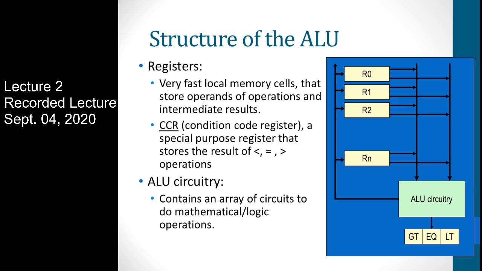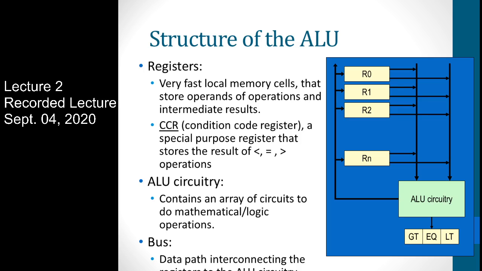So, sa register, doon nag-i-store yung mga operands, kung ano yung ipe-perform ng arithmetic and logic unit. Okay? And yung immediate result. So, after ng computation, lumabas yung result ng computation, lalabas agad dun sa register. Okay?